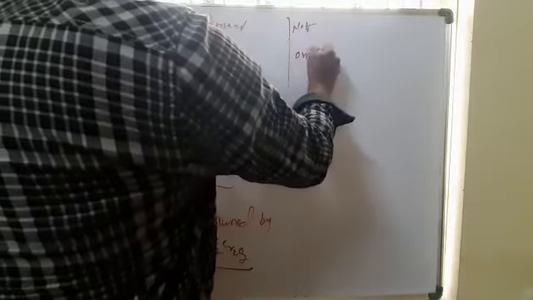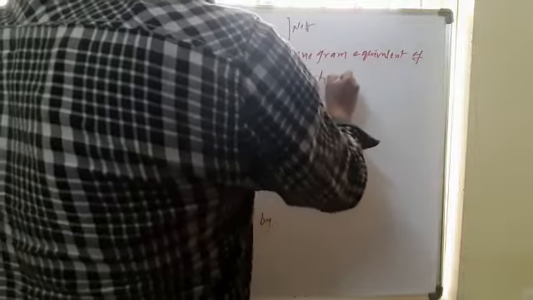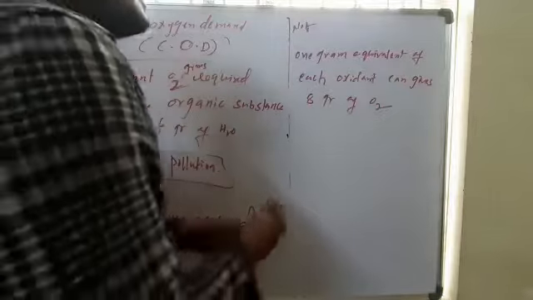Here note this point. 1 gram equivalent of each oxidant can give 8 grams of oxygen, that is 8 gram equivalents of oxygen.